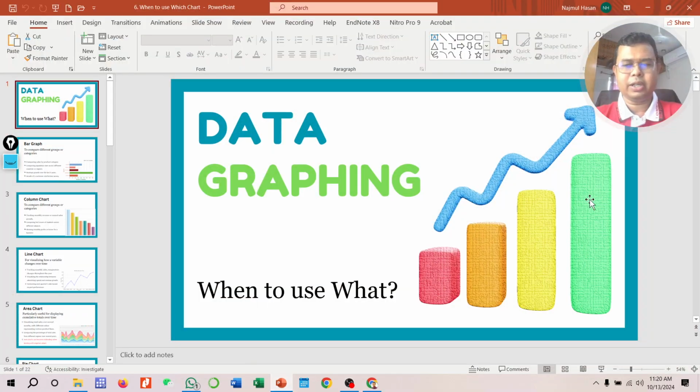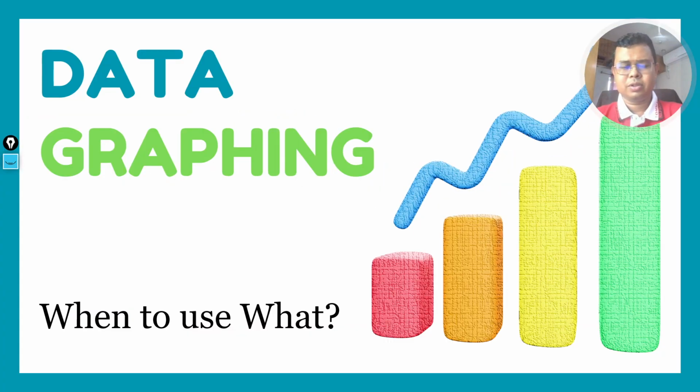So if I go to here, in the last video I finished with a question: what types of graph should we use in which situation? Because we have lots of graphs, and in the last video you saw that it's easy to create a graph if you have the idea about some axis, the x-axis and y-axis.